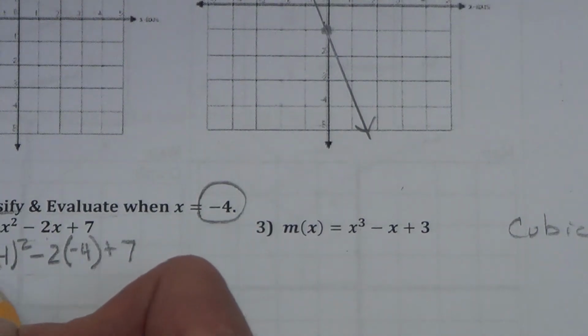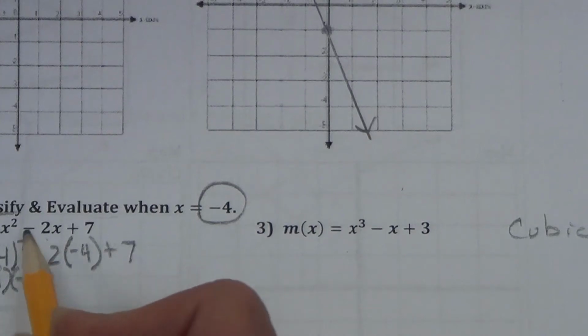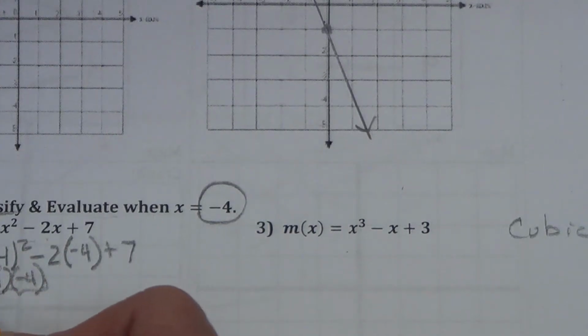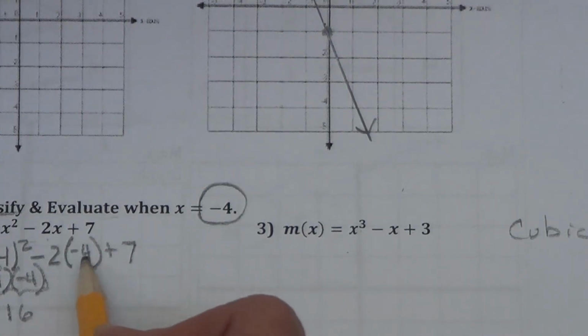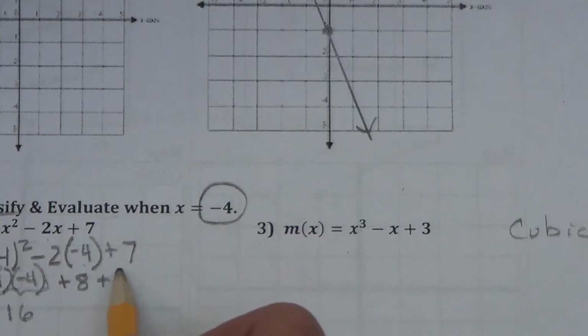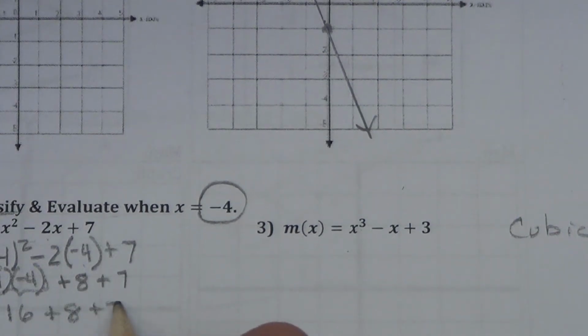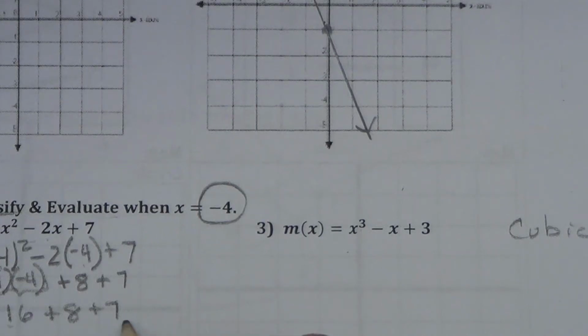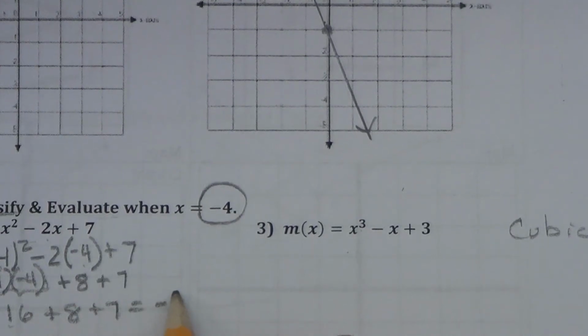In other words, we expand that out to being -4 times -4 would be a +16, but then we bring down that negative. -2 times -4 would be a +8, plus 7. -16 plus 8 and 7 plus 8 would be a -8, plus 7 would be a -1.